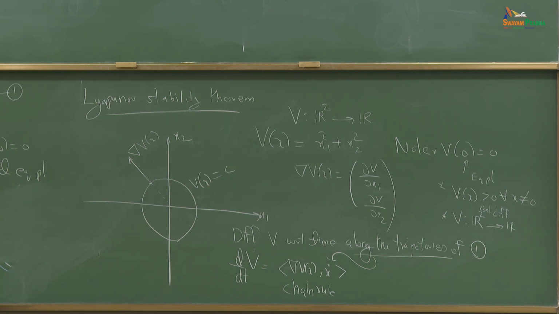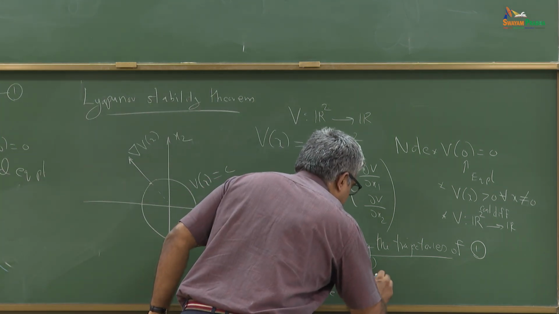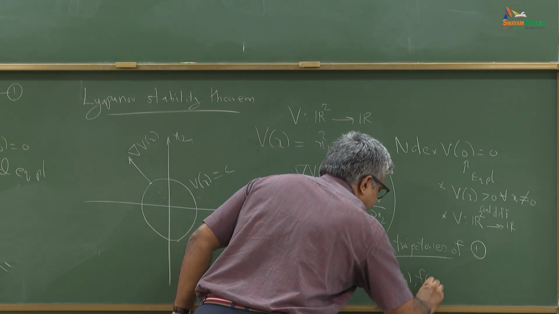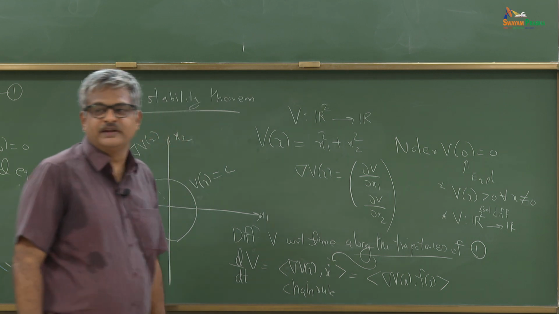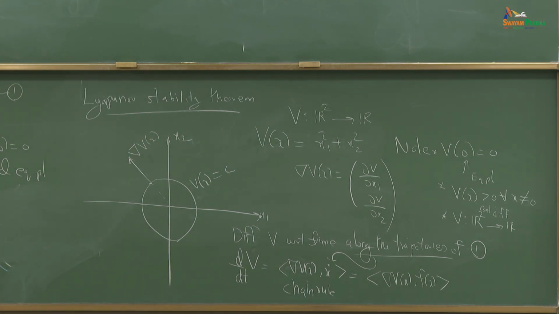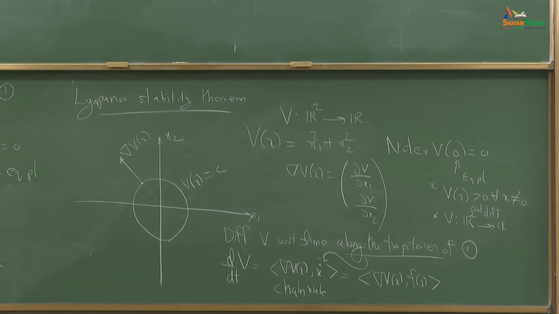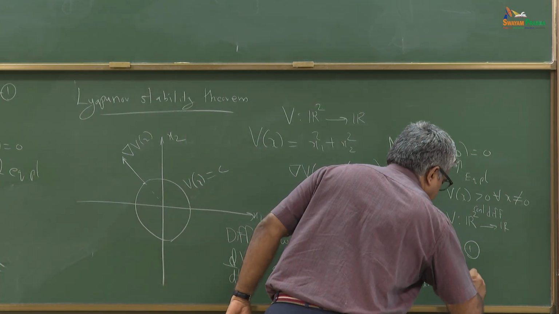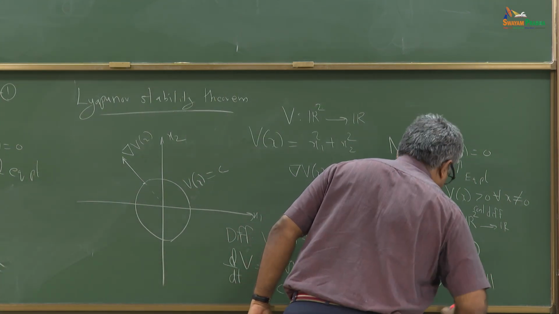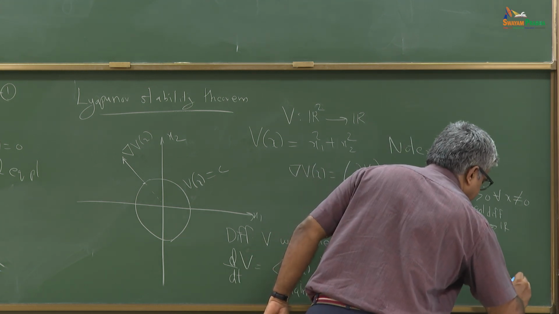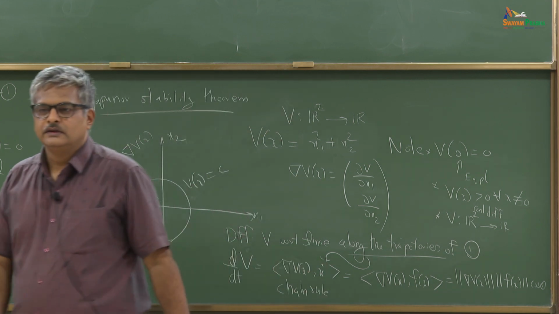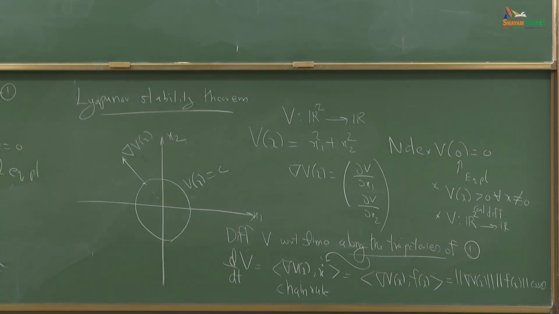But what is this? This is nothing but f of x. Somebody has given you f of x, that is the model of the system. Now what is this? Good old dot product formula.